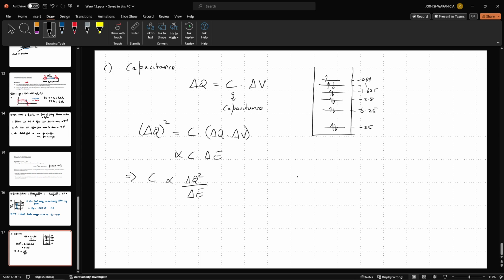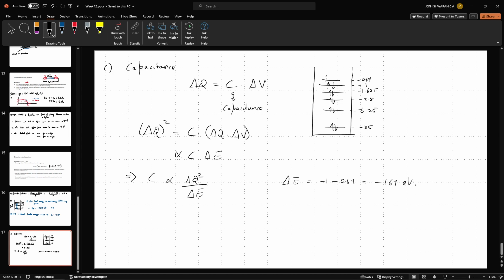Therefore, the energy change in the system: the highest energy level was minus 1, so delta E is equal to minus 1 minus 0.69, which is equal to minus 1.69 electron volts.